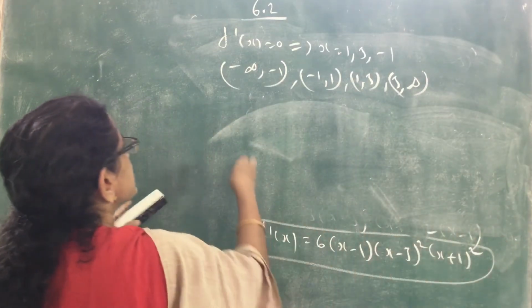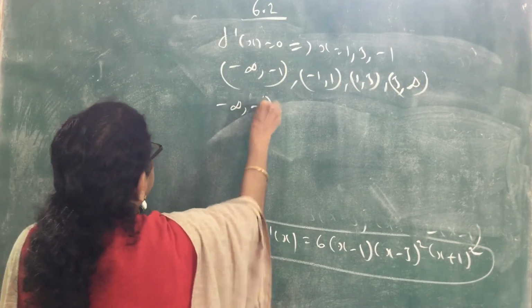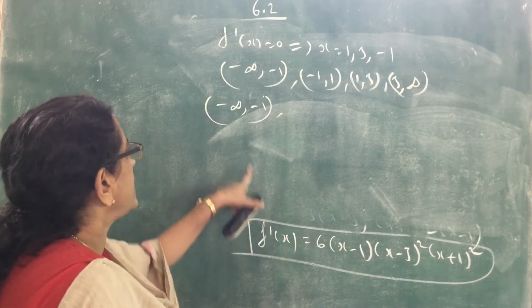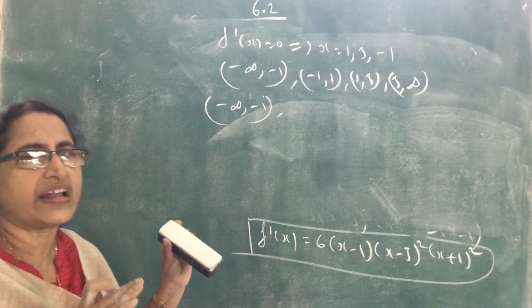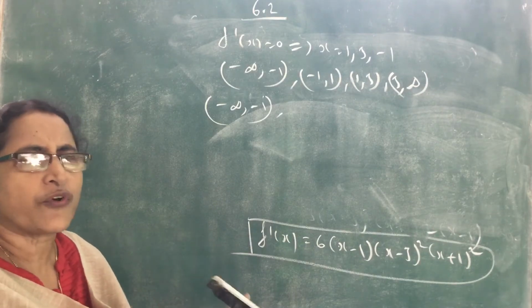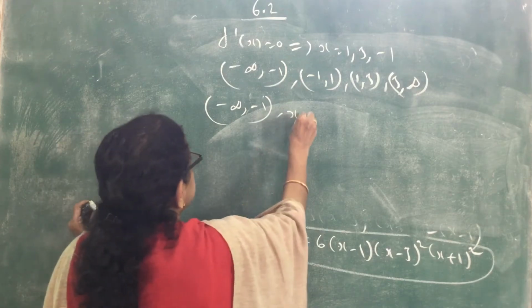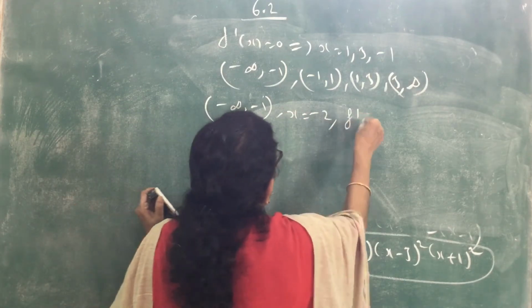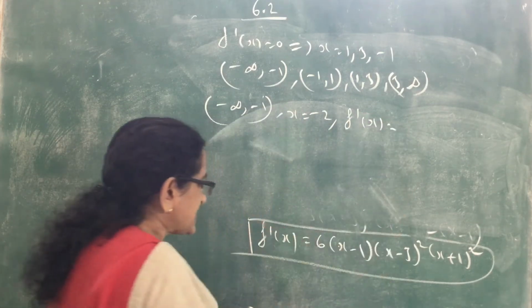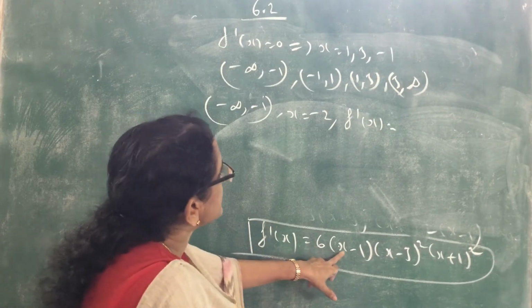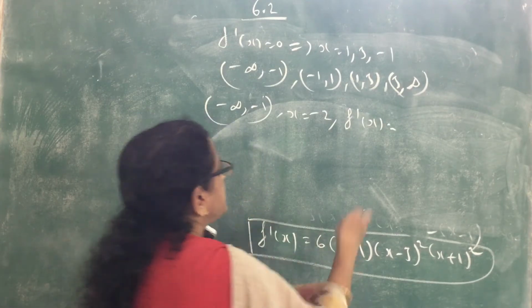So consider the first interval, negative infinity to negative 1. In this interval, we can substitute any number, for example, negative 2. So when we substitute x equal to negative 2, what is f'(x)? See, this is positive. Negative 2 minus 1, that is negative.